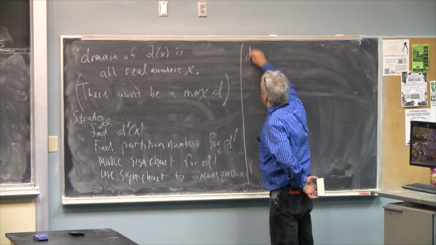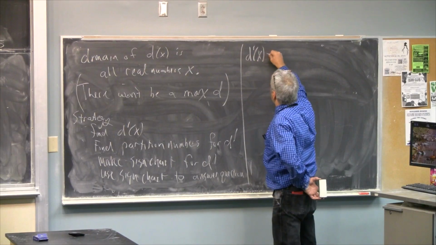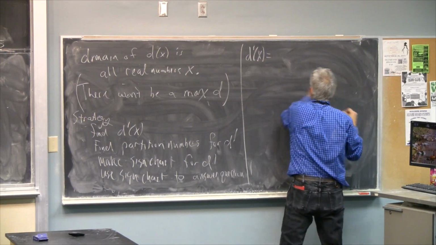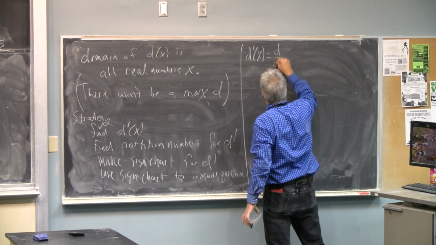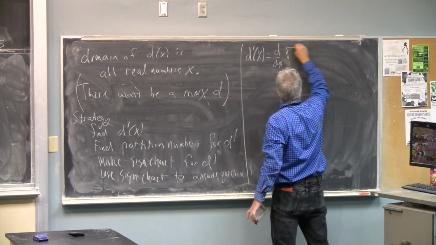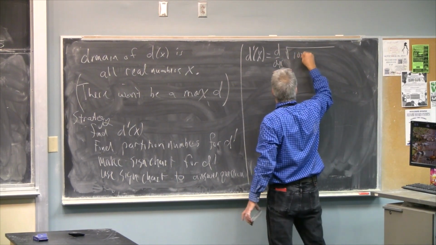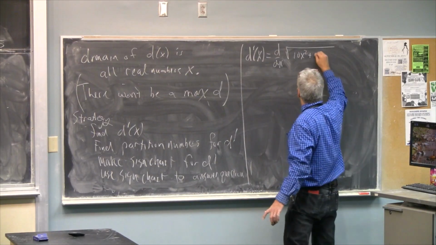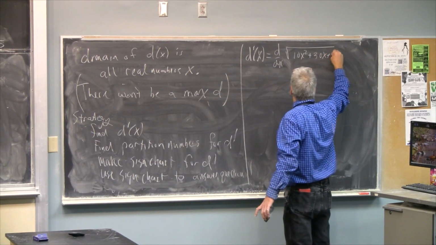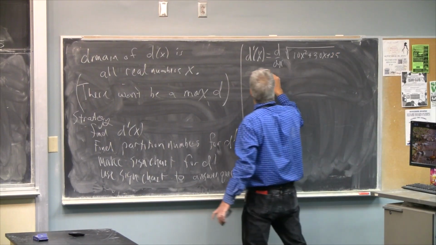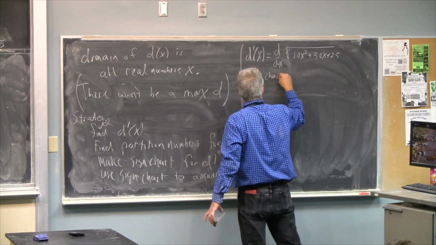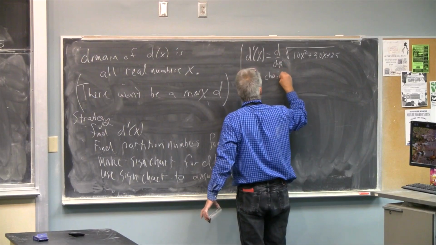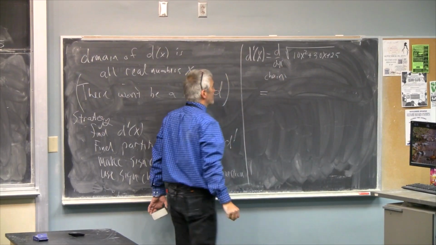All right, so d prime of x is the derivative of this mess, 10x squared plus 30x plus 25. Now this is a chain rule problem, so I'm going to march ahead here.